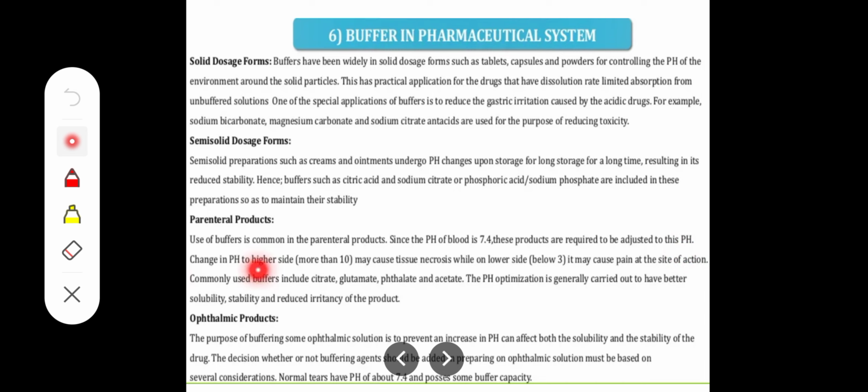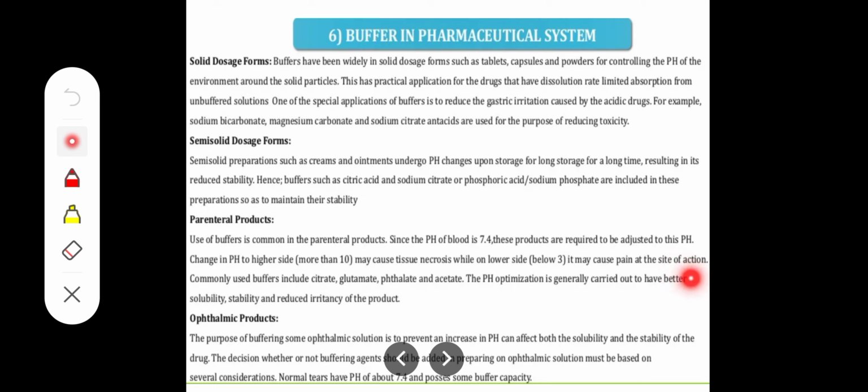A change in pH to the higher side, like more than 10, may cause tissue necrosis, right? More than 10 means it will be more basic, so it will cause tissue necrosis, and an adverse reaction may occur. On the lower side, like below 3, meaning too acidic, it may cause pain at the site of action.